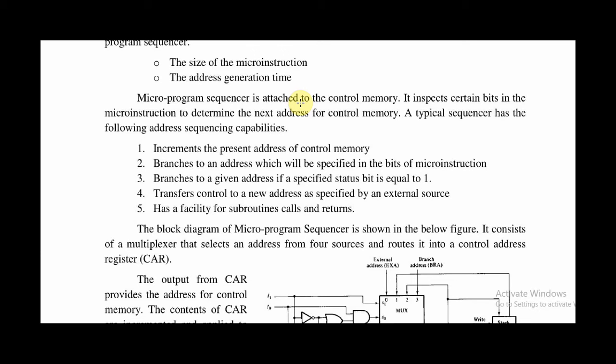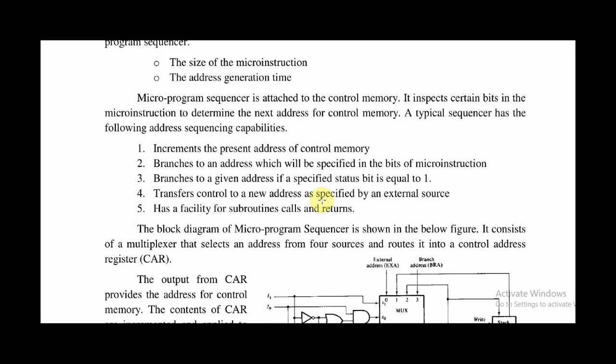Otherwise, in some cases, we have to do a branching specific to a comparison or some status bit values. For example, if this is greater than 1, you have to go for this, or if this is bigger, we have to do this operation. Like this, some branching is happening, depending on the status bits of the instructions.